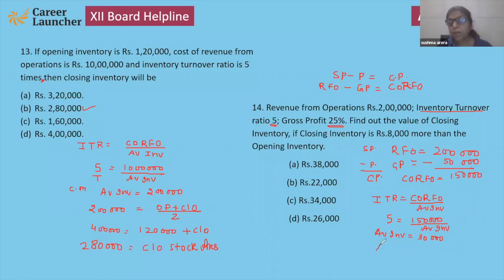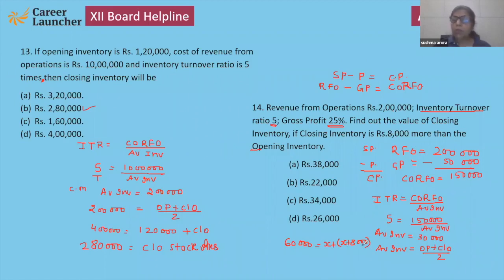Now, average inventory is equals to opening plus closing divided by 2. So when you multiply it, 60,000 is equals to, here opening stock is not given as well as closing stock is not given. So we can put this formula X plus 8,000. Children, see, opening inventory, we think that it is X and closing inventory is 8,000 more.